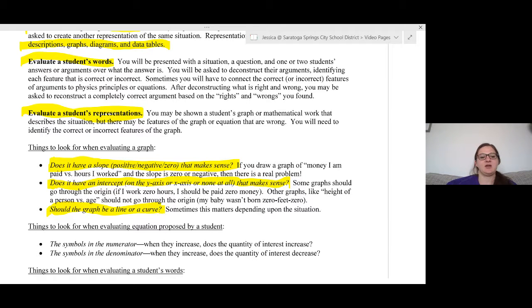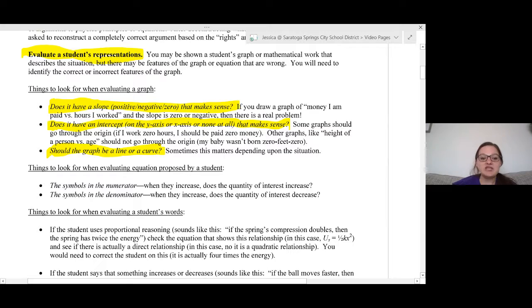Okay, so when you're evaluating an equation, you want to think about symbols in the numerator and symbols in the denominator. If you have a symbol in the numerator, you want to think, okay, when that symbol increases, say x, should the y, or whatever is on the other side of the equal sign, also increase?